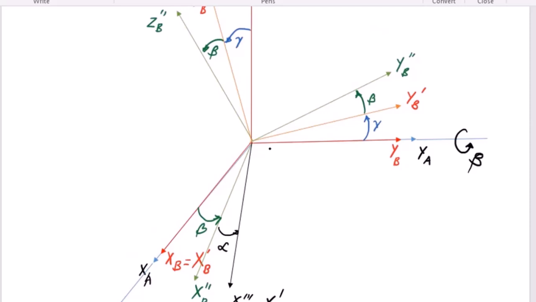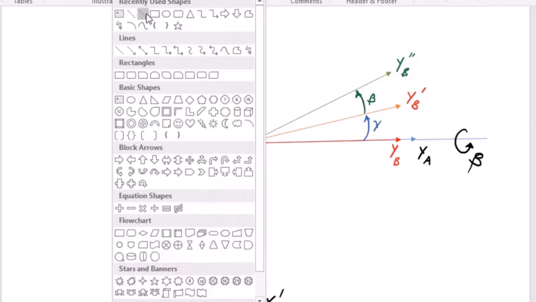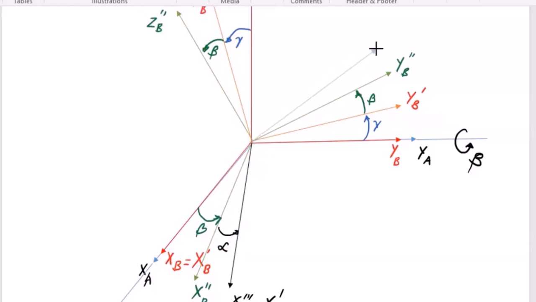And how about for the other one? The other two here is also affected. So here, make it black. This is our alpha. This is our YB. Triple prime equals YB.